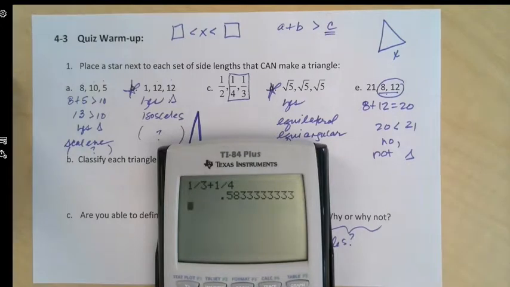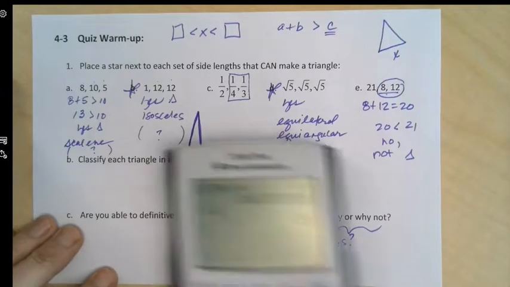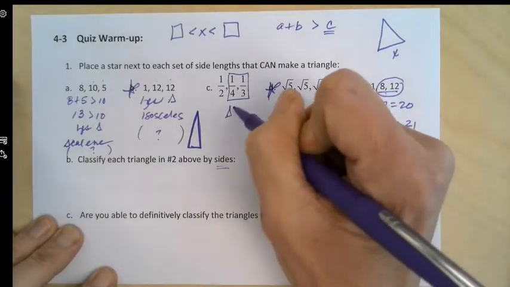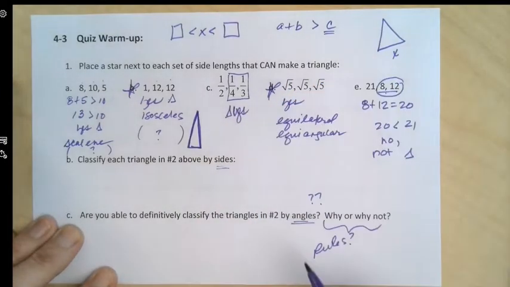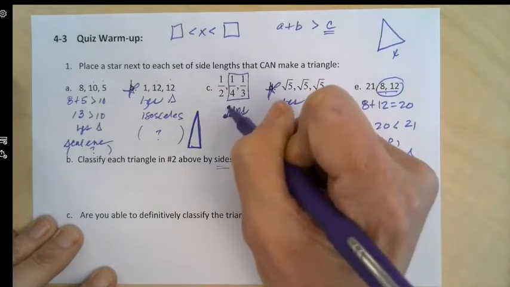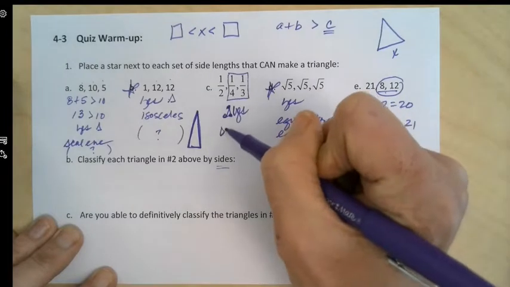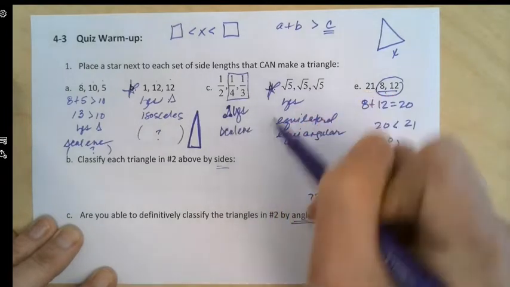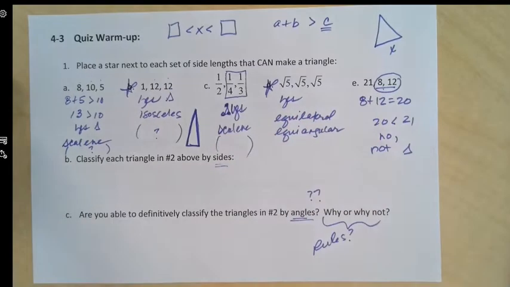Now, I know that 0.58 is going to be bigger than 0.5, which is what 1/2 is equal to. So then I can right away say that yes, this is a triangle. And of course it's scalene because all of the side lengths are different. And again, no, I can't do the angles. Questions on these 5?